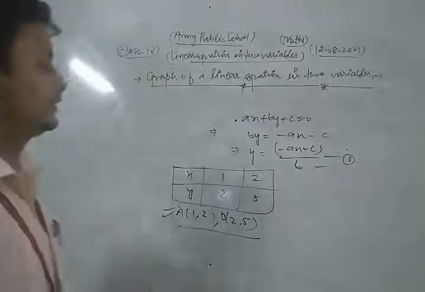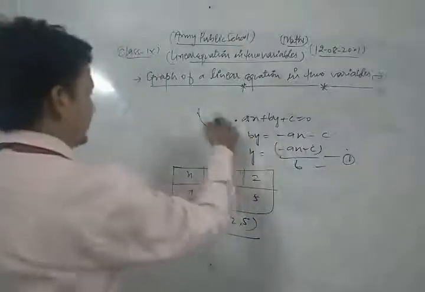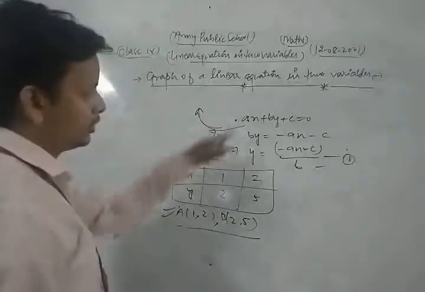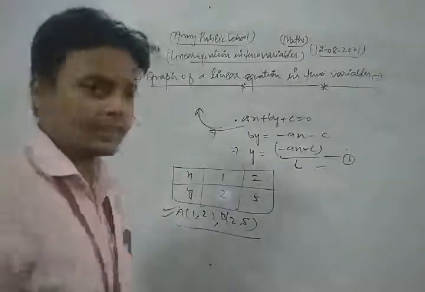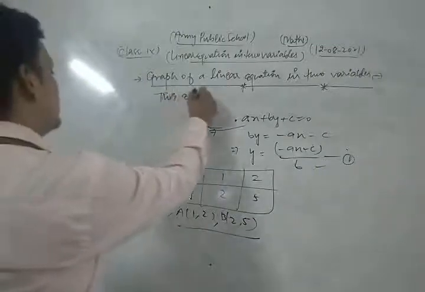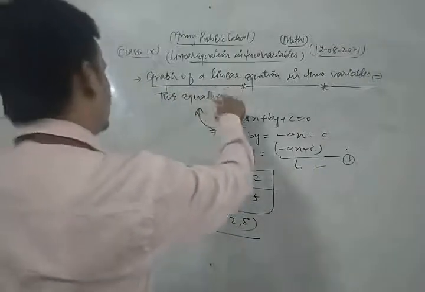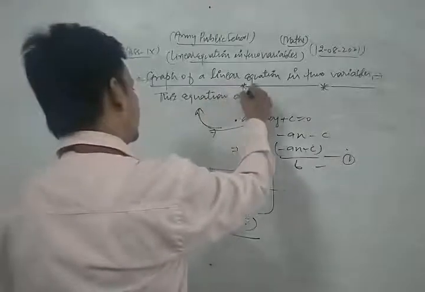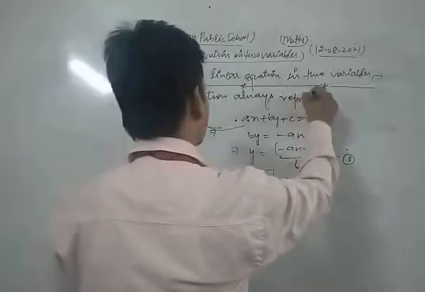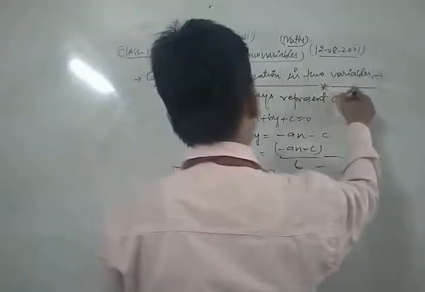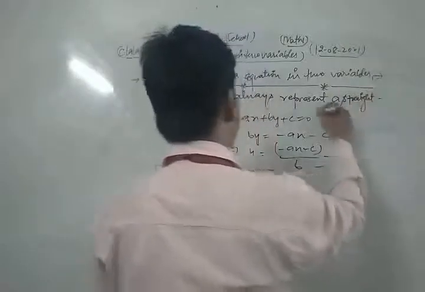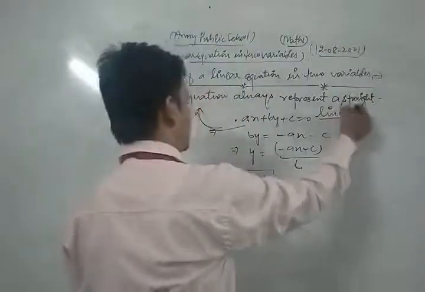And one important thing to always keep in mind: a linear equation in two variables always represents a straight line.